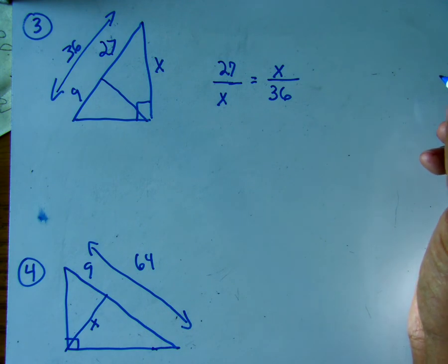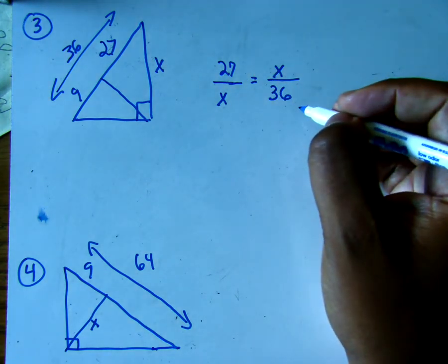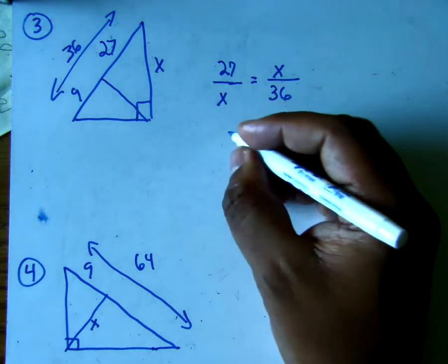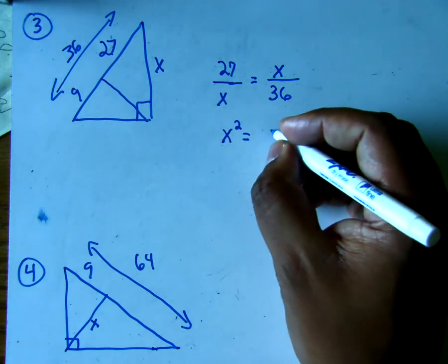So the next thing I'm going to do is cross multiply. And when I do that, that's going to give me x squared is equal to 972.